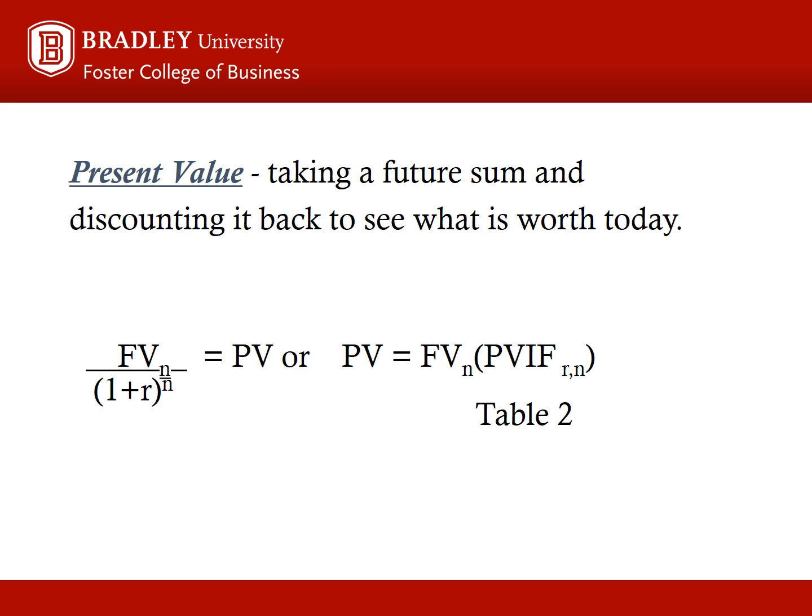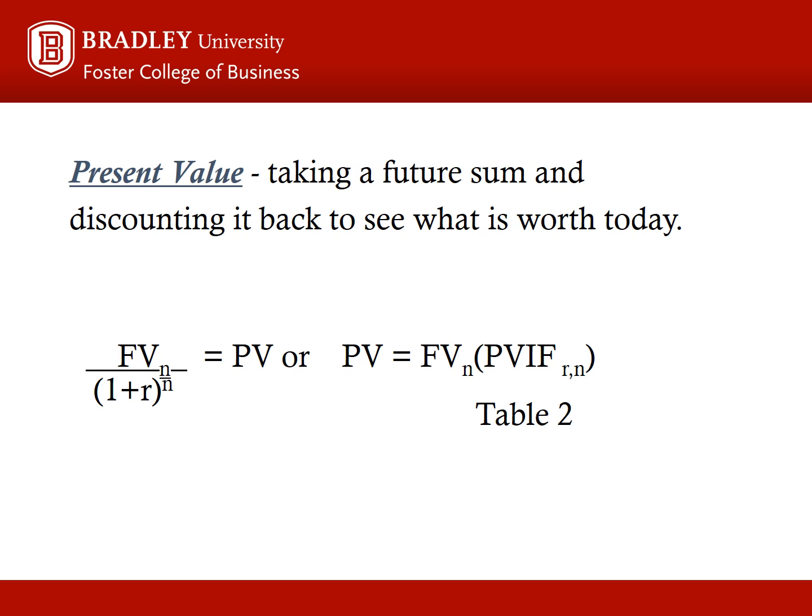Present value is just the opposite of future value. That's taking a future sum and discounting it back to today to see what it's worth today. So to find the present value, we take the future value and divide by 1 plus the interest rate. When we're talking about present value, we usually refer to this R as the discount rate.